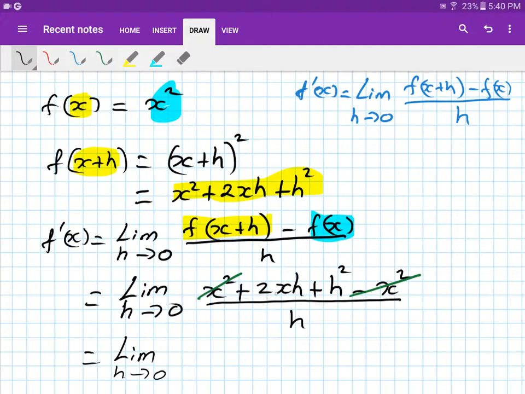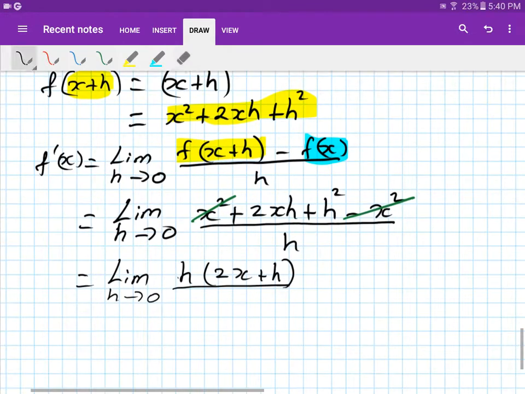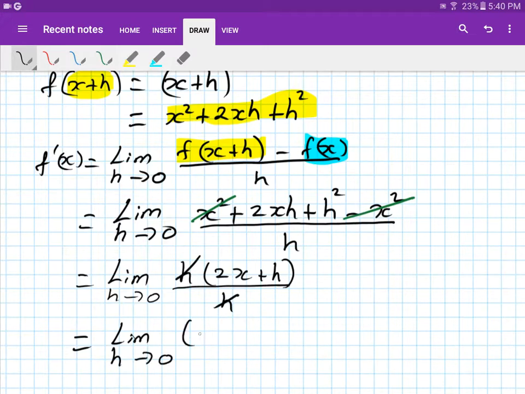Because we're left with 2xh plus h squared, I take the common factor out. The common factor is h, so I take the h out. That gives me h times (2x plus h) all over h. Then I cancel out, so that becomes the limit as h approaches 0 of 2x plus h.